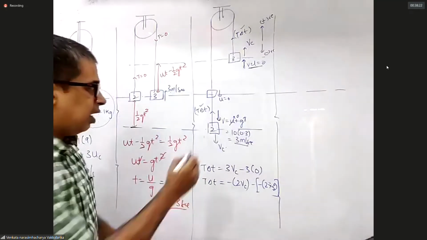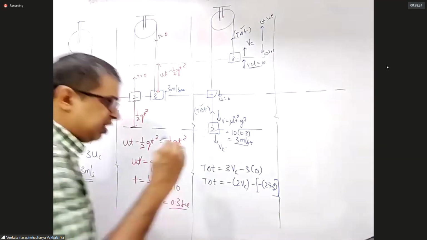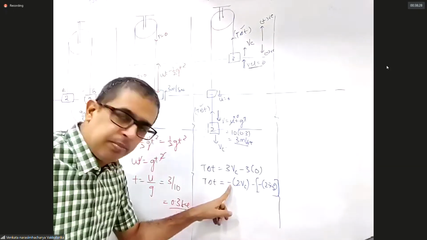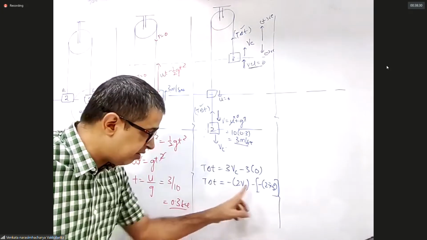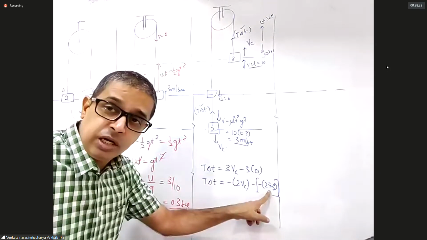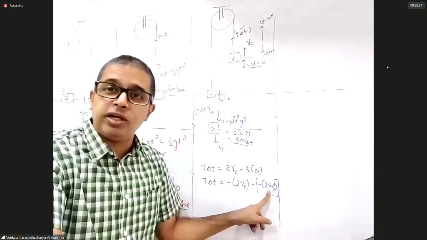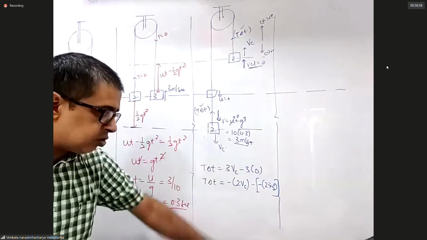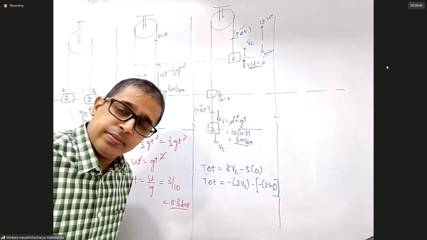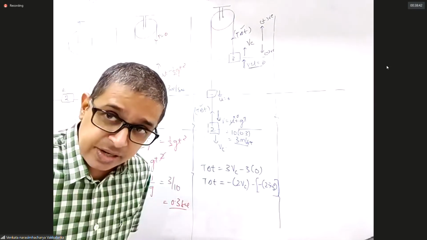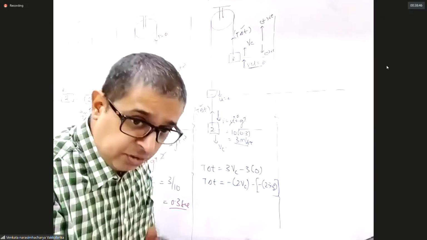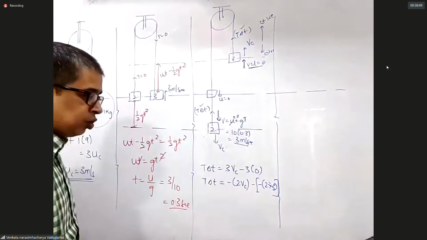So, guys, upward direction you took positive, T delta T is positive. 2 into V common is final momentum, but downward direction, hence negative. Minus initial momentum. Initial is also in the downward direction. 2 into 3, hence that is also negative. Till here it is clear. Step by step, we are going in a very systematic way. Every step you should remember.